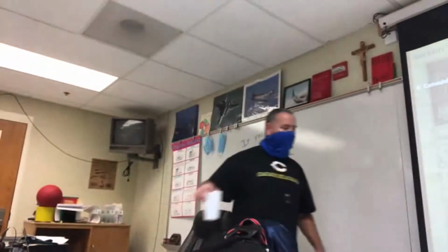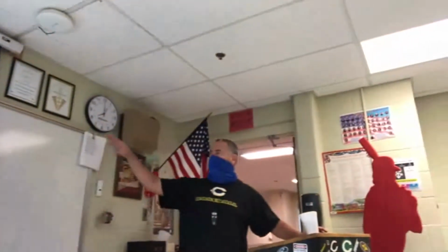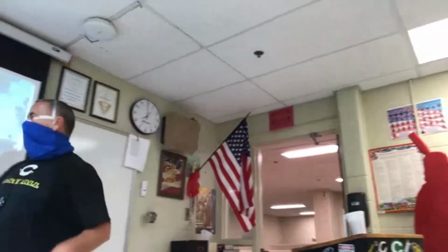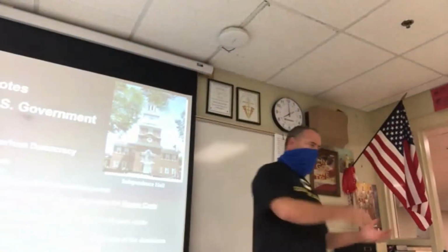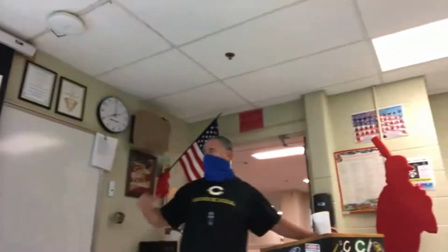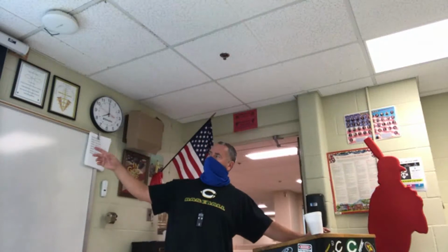Okay, so in the last lecture, I went through and we just talked about the English heritage, so the English documents or constitutions that impacted our government. Of course, the people that were coming here were from England. So you have the Magna Carta, limited representative government.